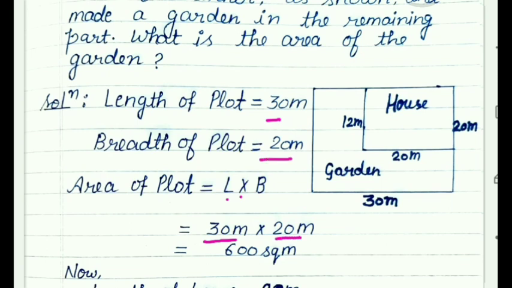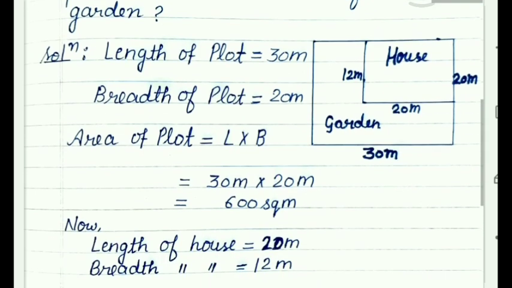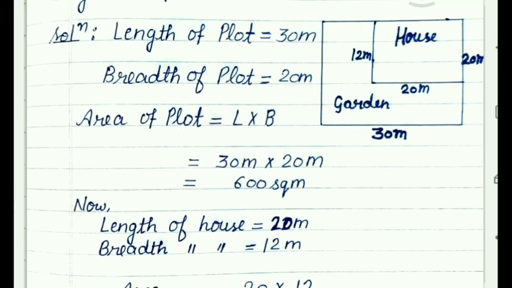Then simply multiply 30 by 20. First 3 twos are 6, and the 0s are there. So the required answer is 600 square meter, because area is always measured in square units, and the unit given is meter only.